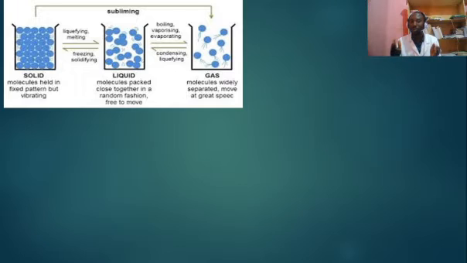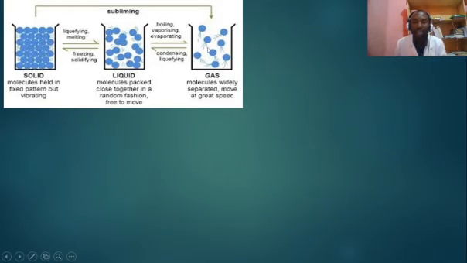We'll start hearing about Van der Waals force of attraction, hydrogen bonding, dipole-dipole attractive forces, or what we call the London force. But that's not what we are very interested in now. We are interested in the force of attraction keeping the liquid particles or molecules together, and we say that they are weaker as compared to the solid.